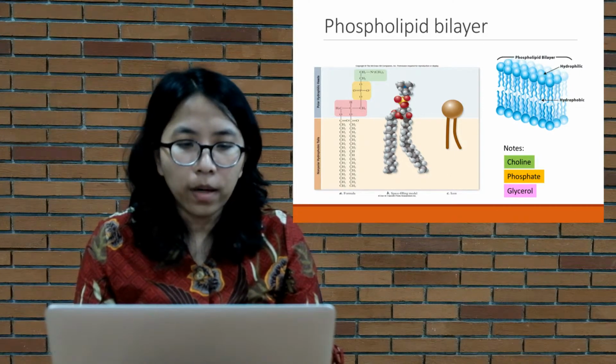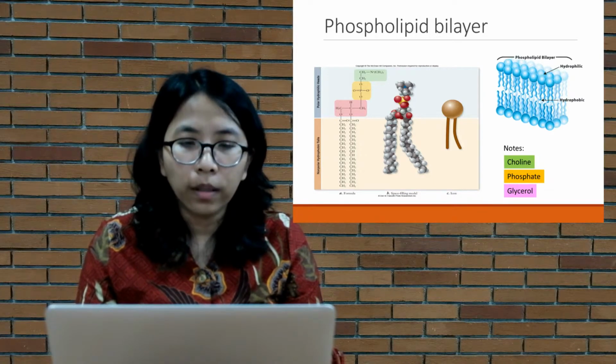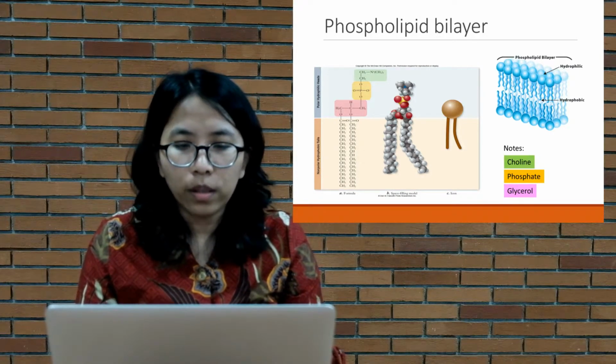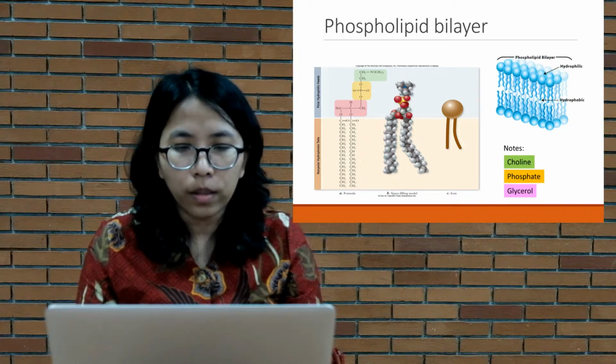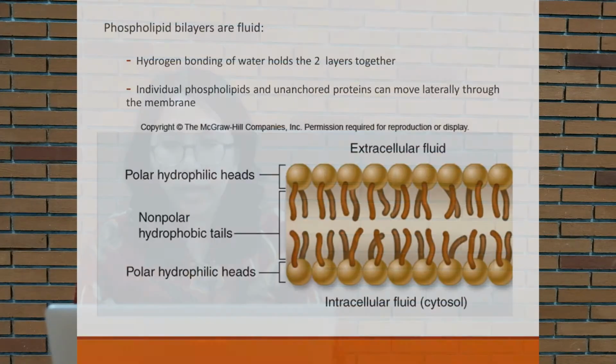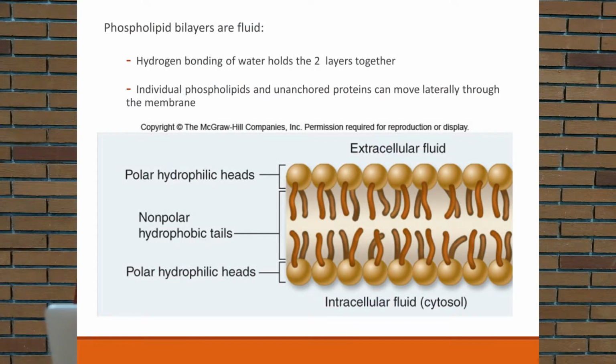This hydrophilic part faces the outer environment, which is the intercellular space or extracellular fluid. In the second layer, the phosphate head faces the inner environment, which is the cell cytoplasm.